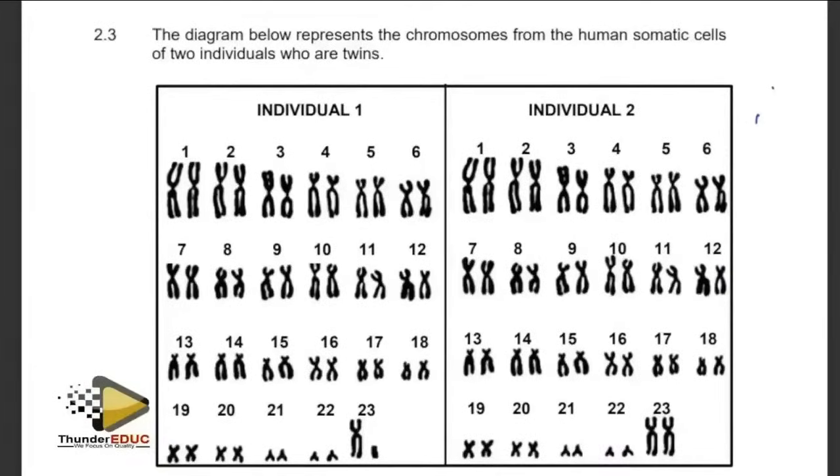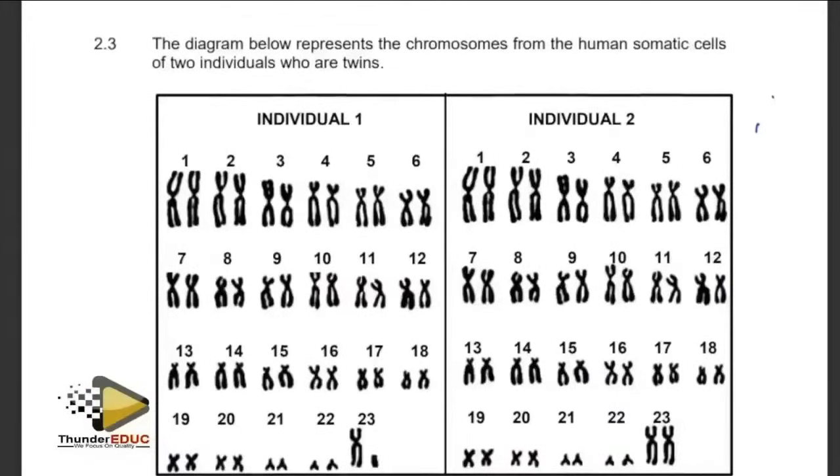Don't say 23, because if you just say 23 without writing the word pair it is wrong. It's made up of 23 pairs of chromosomes.